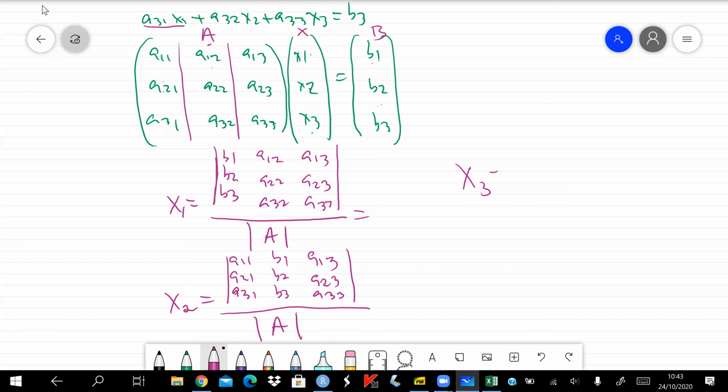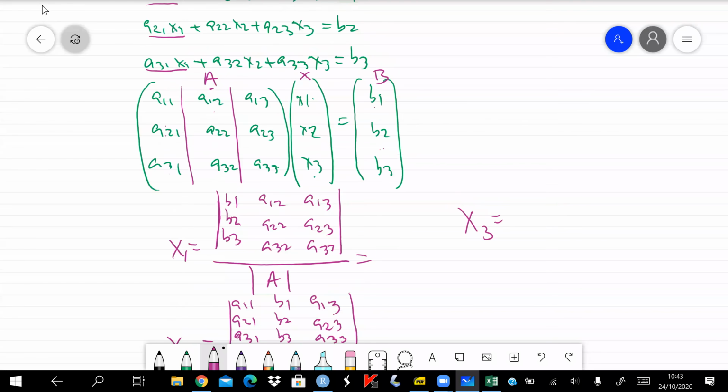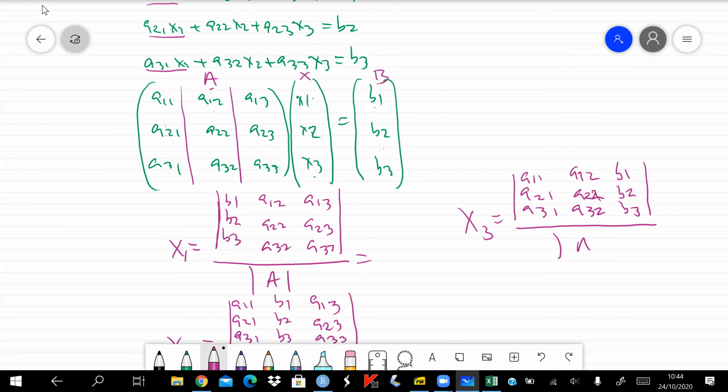You replace the last column with this vector, so you have the determinant of a11, a21, a31, a12, a22, a32, then b1, b2, b3, divided by the determinant of matrix A.